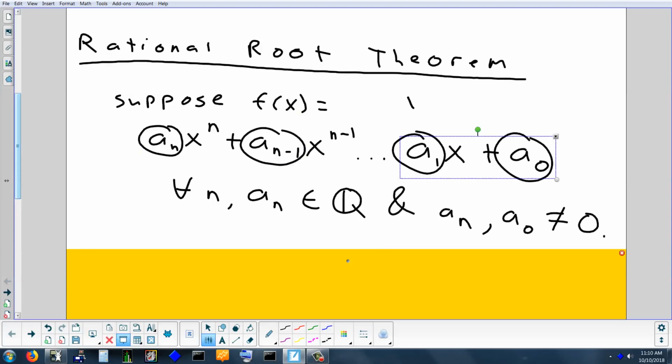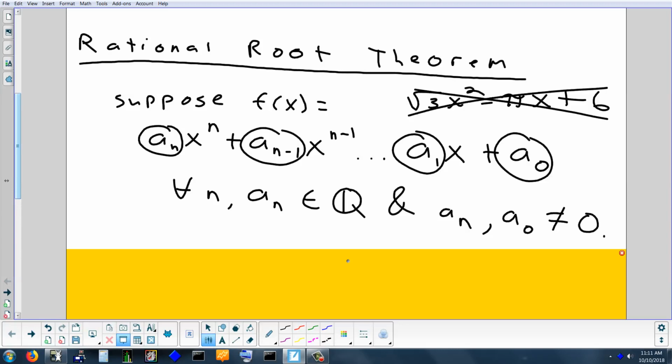So if you told me this minus, yes, that is a quadratic equation, but the problem is the numbers in front of the variables are irrational. Square root of 3 cannot be written as a fraction. Pi can't be written as a fraction. So you couldn't use rational root theorem on a problem like that.